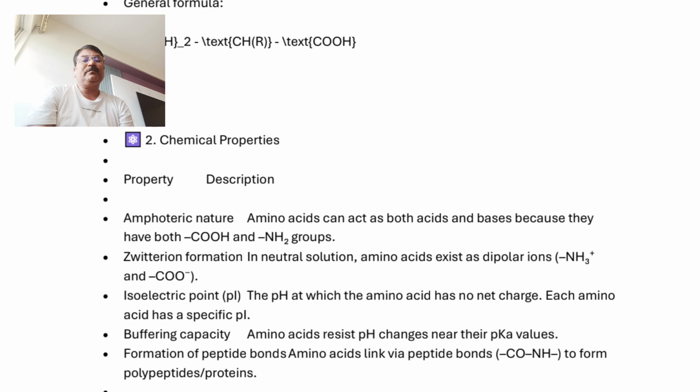Then the fifth one, amino acids have a tendency to form peptide bonds. What is a peptide bond? A peptide bond is nothing but the amino group of one amino acid combining with the carboxylic acid group of a second amino acid and giving formation of a peptide bond having the structure CONH.